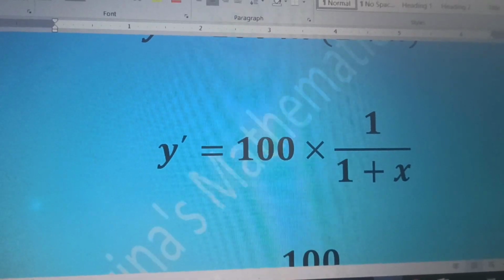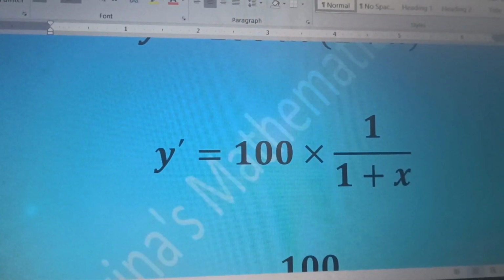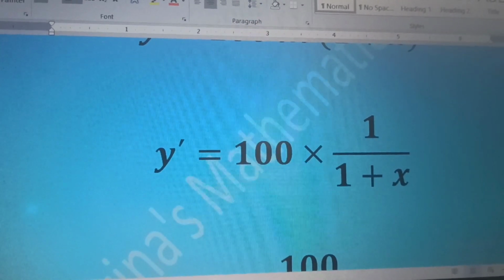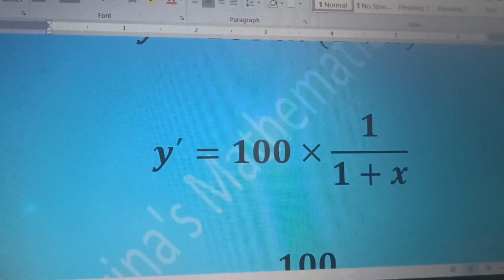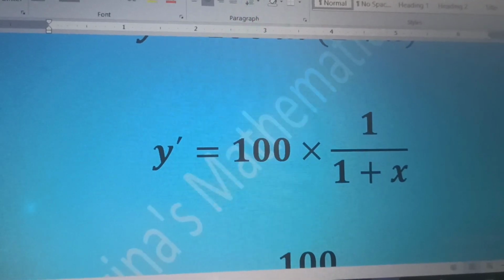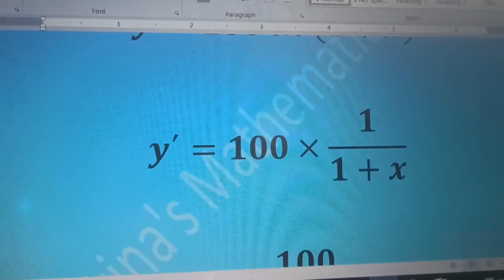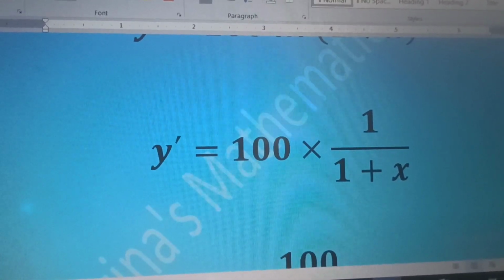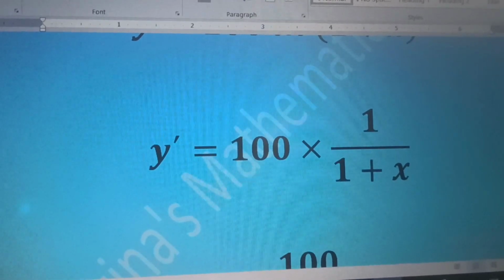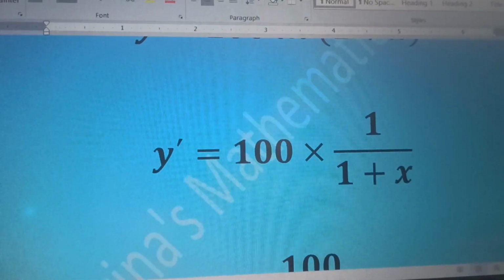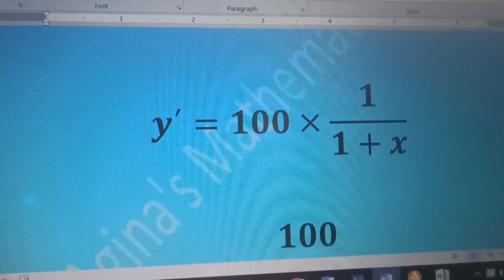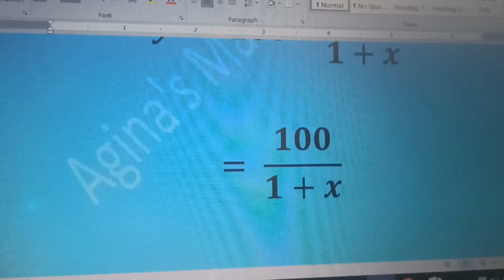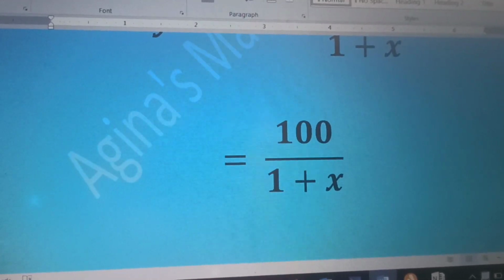We have differentiated the logarithm function to get 1 over 1 plus x. You remember that we said that the derivative of ln x is 1 over x. So that means the derivative of ln 1 plus x is 1 over 1 plus x. So our answer is 100 over 1 plus x.